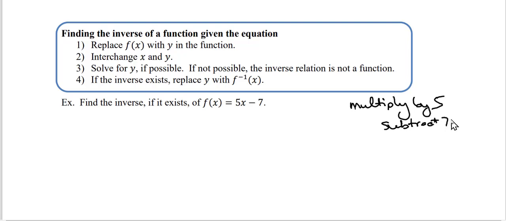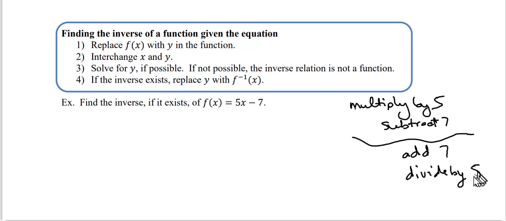To undo that, to get back to where you started, the opposite needs to happen in the opposite order. So it makes sense to me to add 7 and then divide by 5. Kind of seems to make sense, maybe?